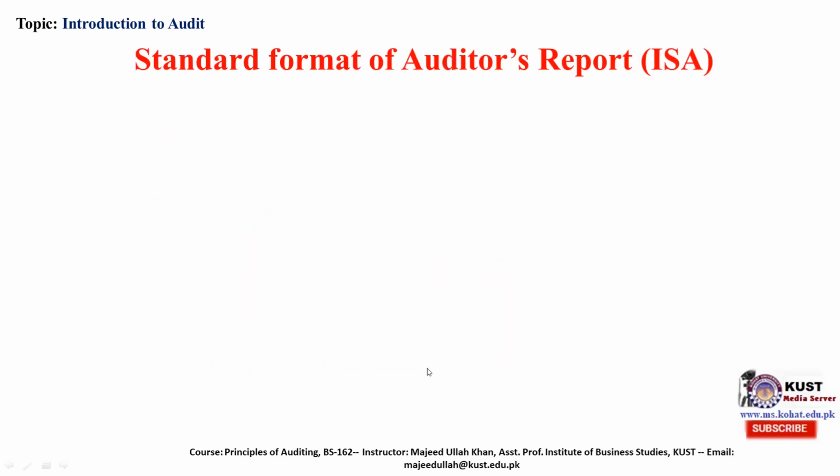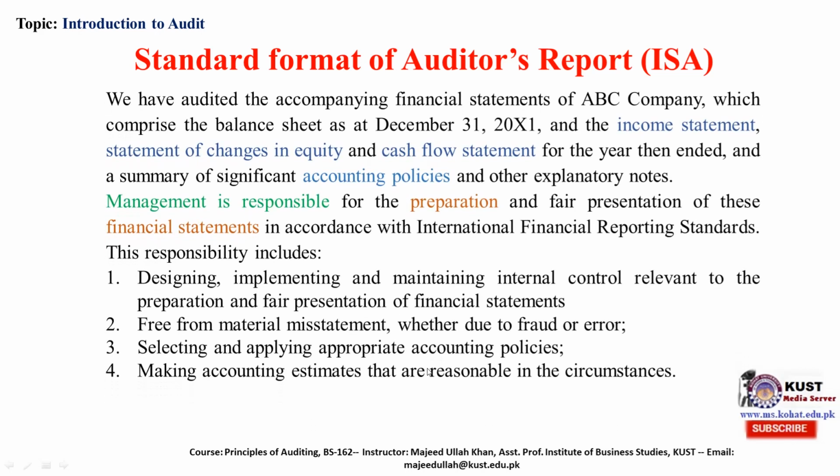Standard format of the audit report. This is the audit report according to International Standards on Auditing. We have audited the accompanying financial statements of ABC Limited, which comprise the balance sheet, at a specific date, the income statement, and the statement of changes in equity and cash flow for the year then ended.